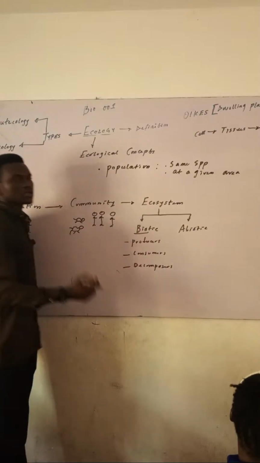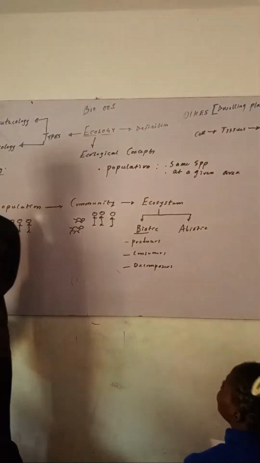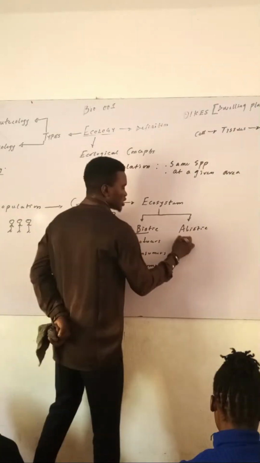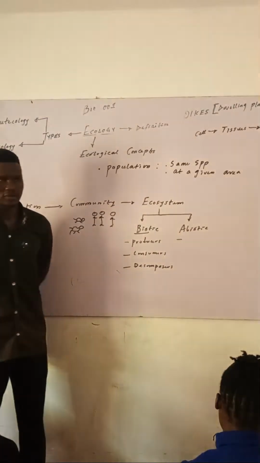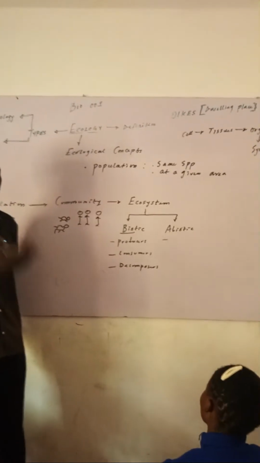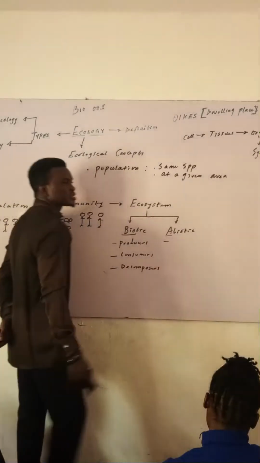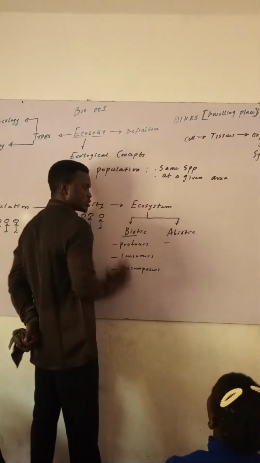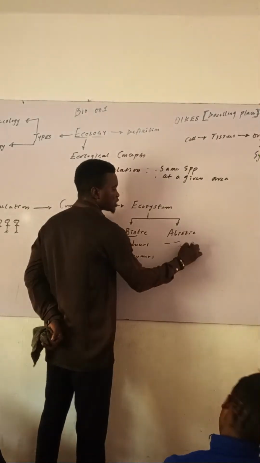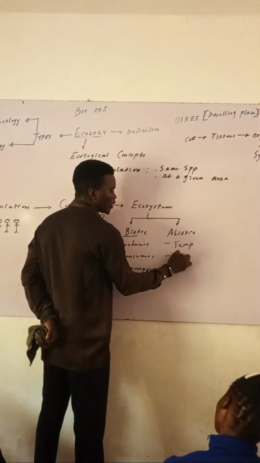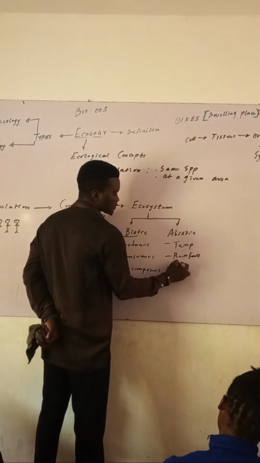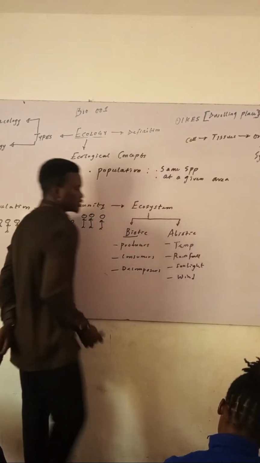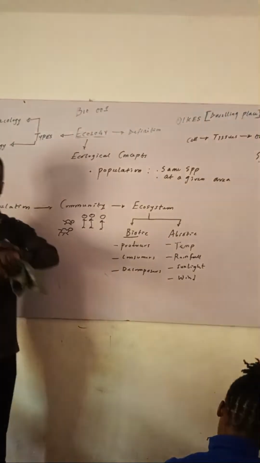So biotic is the community in an ecosystem that exhibits life and activities of life, while abiotic is the natural conditions where there is no life. That's why the A in abiotic means no life. There are a lot of abiotic factors, and I'm going to talk about them separately. Examples are temperature, rainfall, sunlight, wind, and so on. I will talk about that again under some basic factors.